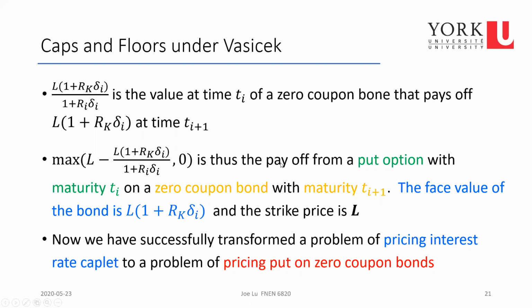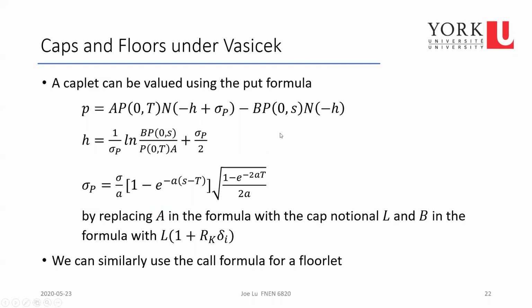And we know the call price formula and the put price formula for the Vasicek model. So we can utilize that. In this case, for caplet, we'll use the put formula. So this is the put formula for the Vasicek process.